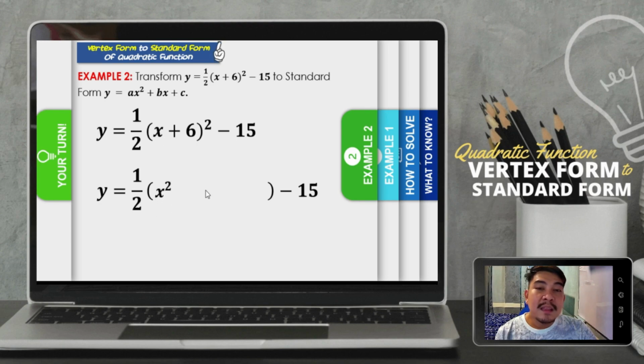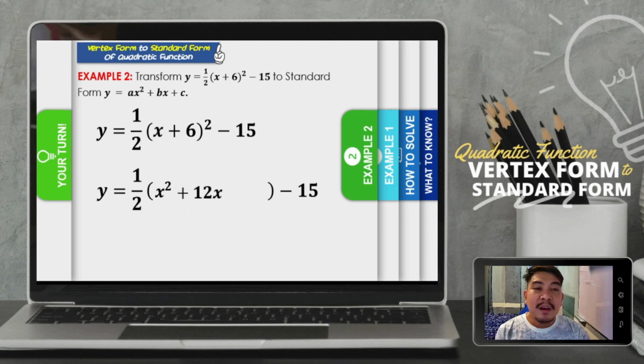To determine the middle term of the perfect square trinomial, the thing that we should do is to multiply the first term x and then the second term 6. So x times positive 6 will give us positive 6x. Then multiply it by 2. So that will become positive 12x.